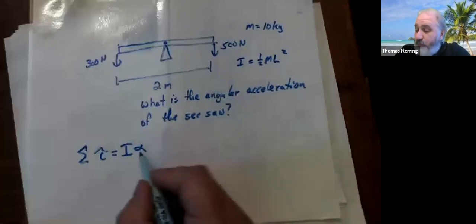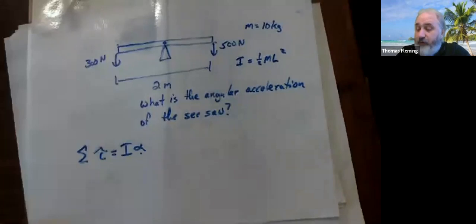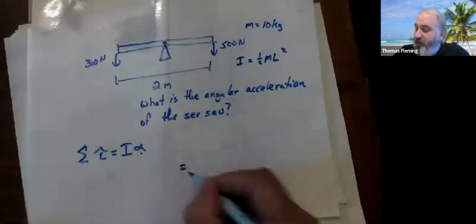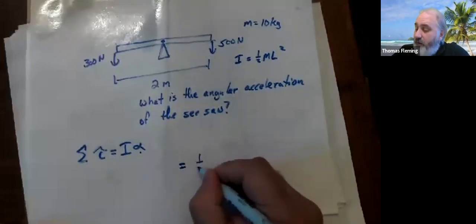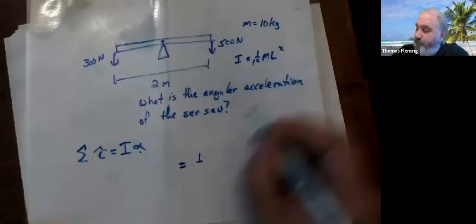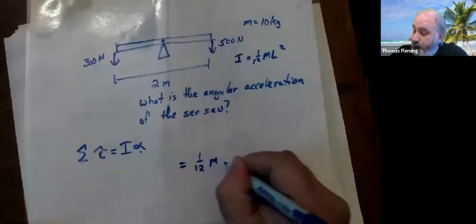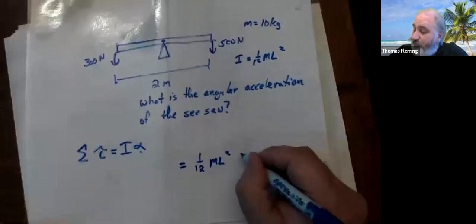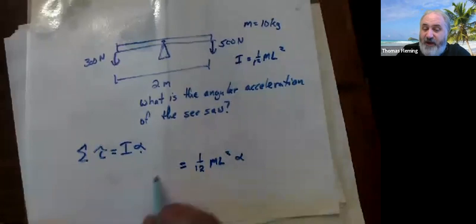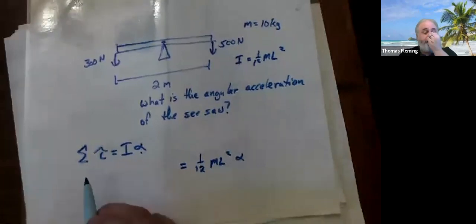And I'm solving for the angular acceleration, so alpha is what I want. So the right-hand side is easy. I'm going to put in 1/12 ml squared times alpha. Now on the left-hand side, I need to figure out the sum of the torques.